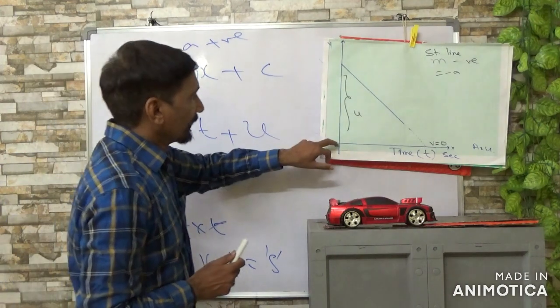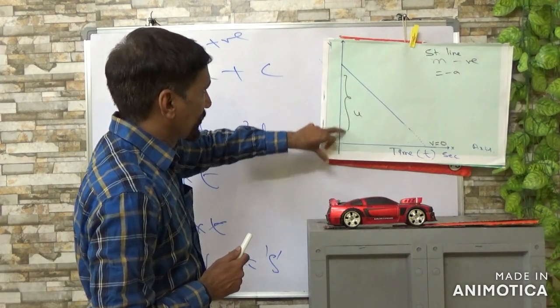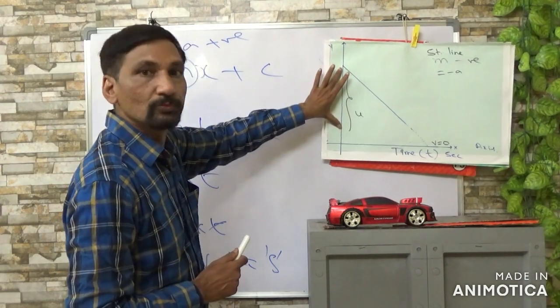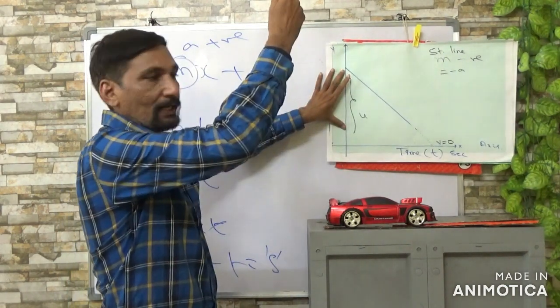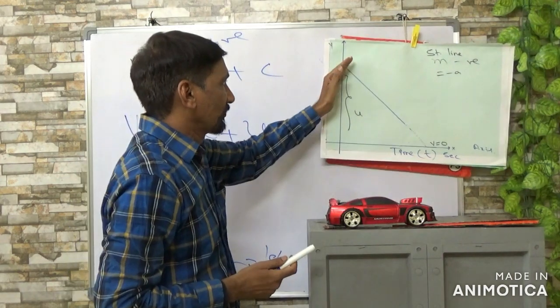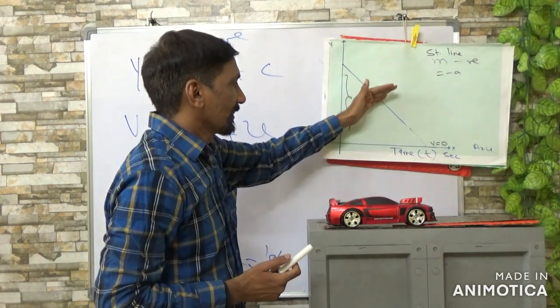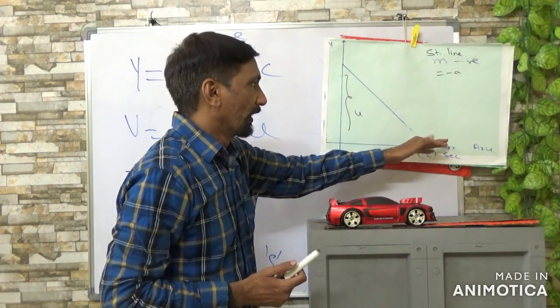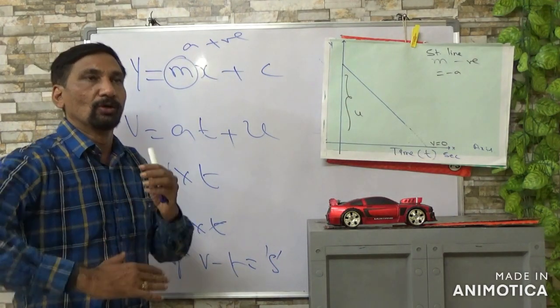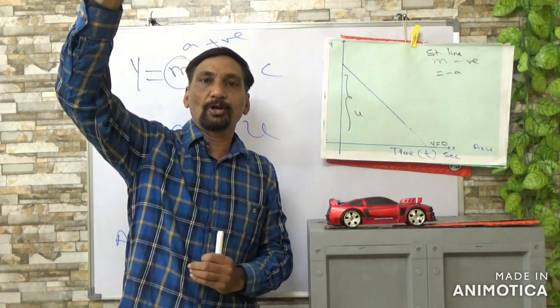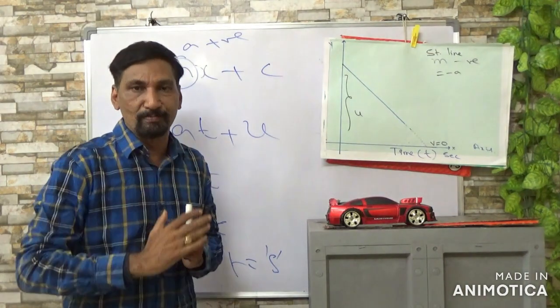So here in the beginning the body is having some velocity, say u, right? So when you throw it vertically upwards, velocity of the body slowly decreases. At a point it becomes zero, right? That is nothing but it reached a particular height that you call maximum height.